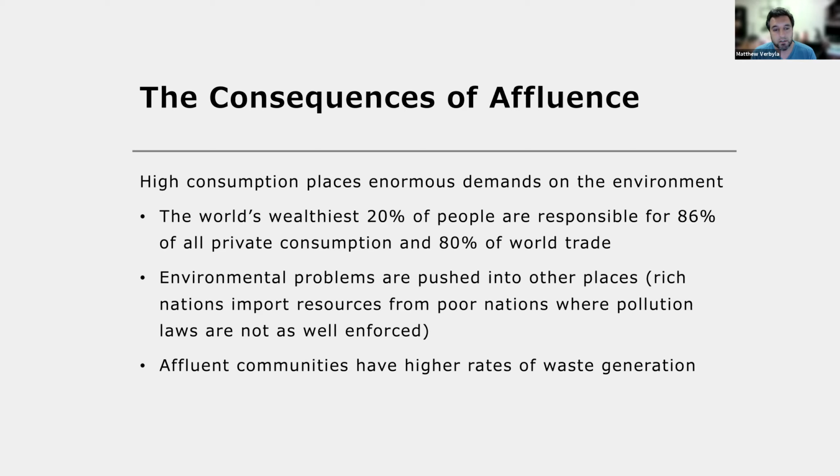So unfortunately, rich nations tend to import resources from poorer nations where pollution laws are not as well enforced. And this basically just shifts that environmental impact from the wealthier nations onto the poorer nations. And it's well known that affluent communities have higher rates of waste generation. So when these environmental problems are just pushed into lower income nations, it's not really solving the problem, it's just shifting it and increasing the inequities between those nations.